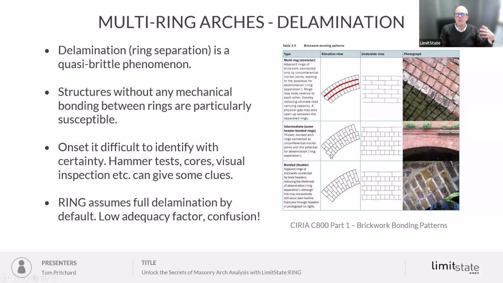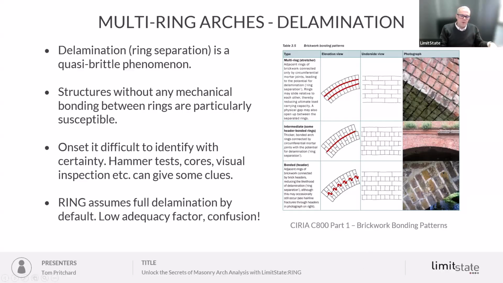Where we have some intermediate header bonded rings, then we have fewer opportunities, but they're still there. The best one of all is when we have headers between all of the rings, because that means generally that we have to shear the masonry itself rather than the mortar lines in order to create failure.